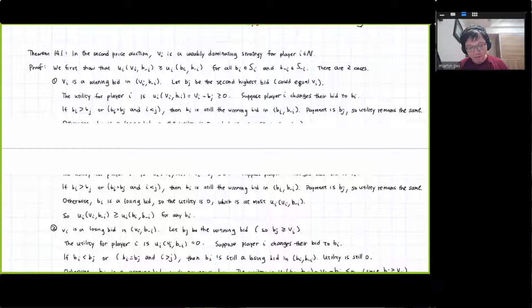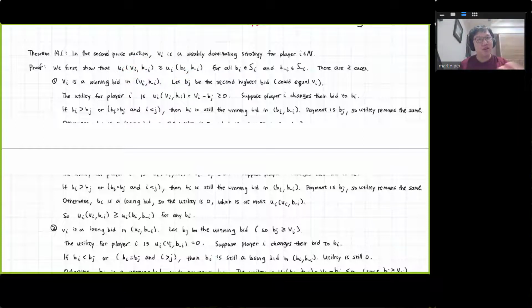Okay, and there are two cases here, right? So the two cases here are either my bid is a winning bid, or my bid is a losing bid. So either my bid is winning, in which case we will decide about, so suppose VI is winning, so then we have to decide what could BI here be, right?